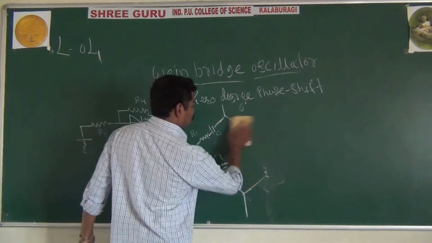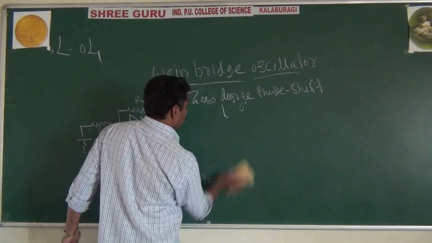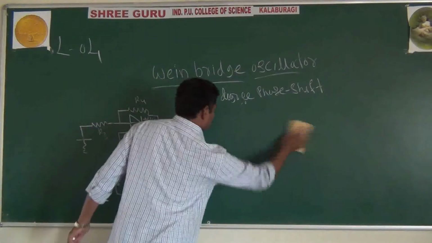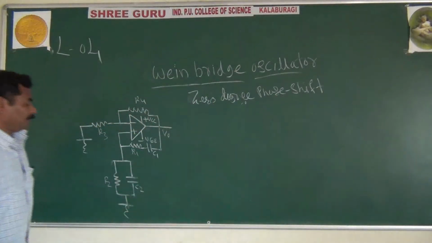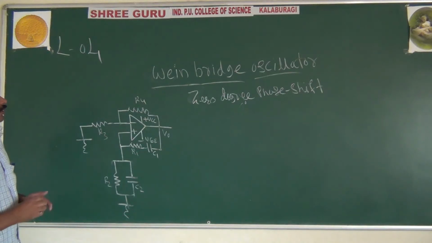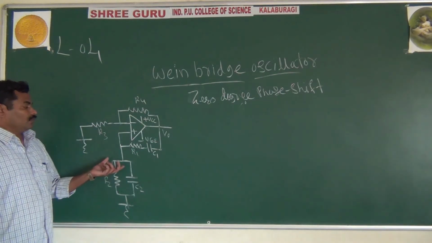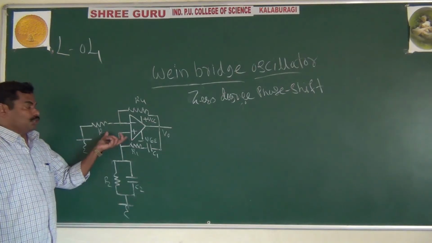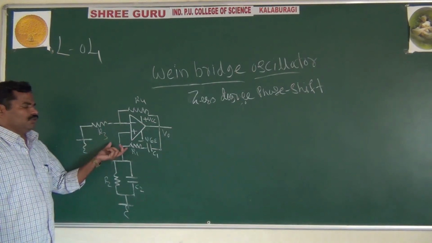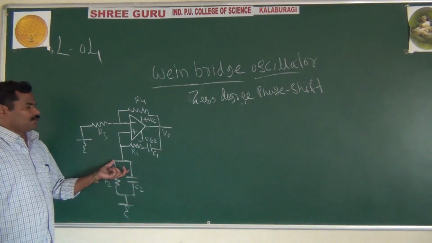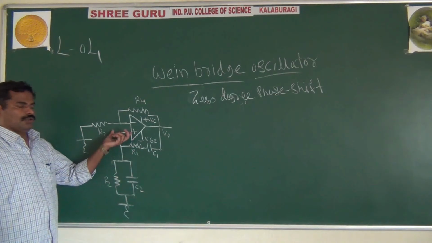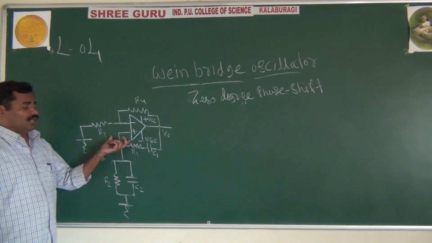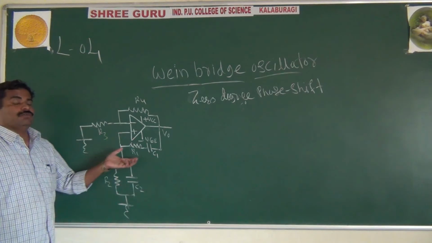And how does it work? As I said, as you switch on the circuit, what happens? The noise voltage acts as the input for your non-inverting amplifier. And as I said, the noise voltage has different frequencies.